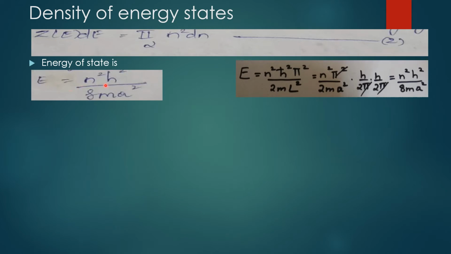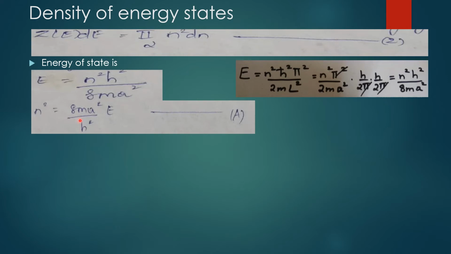So E = n² h² / 8ma². Rearranging the equation, we get n² = 8ma² E / h², equation A.